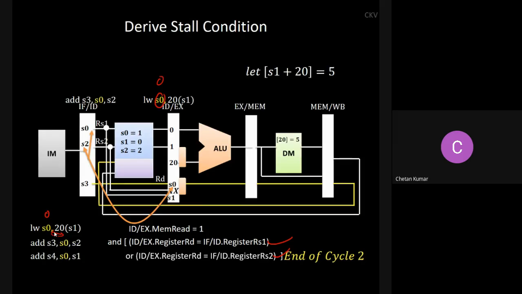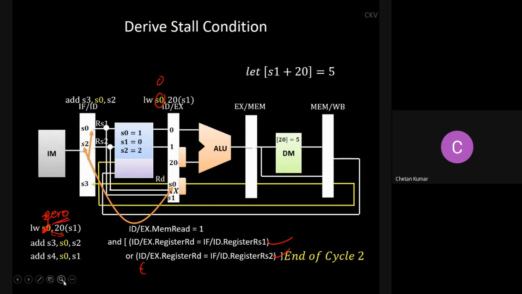Again, the mem hazard will take care of it, but when will the mem hazard take care of it? After stalling. So if this is a zero register, then you are stalling unnecessarily. If you don't want to stall unnecessarily, then you can add one more condition.